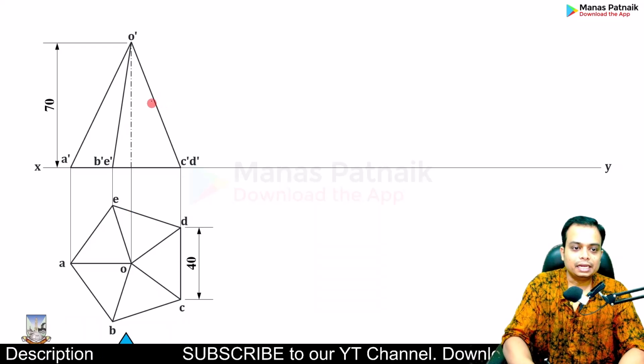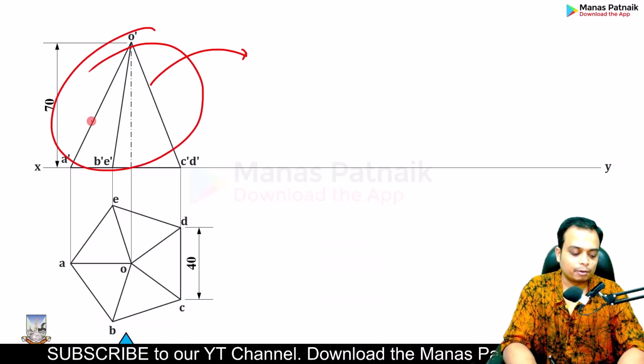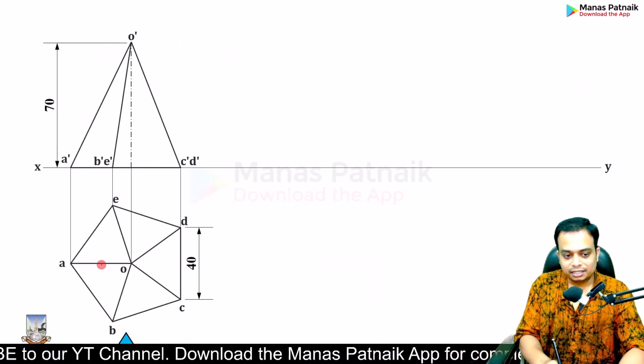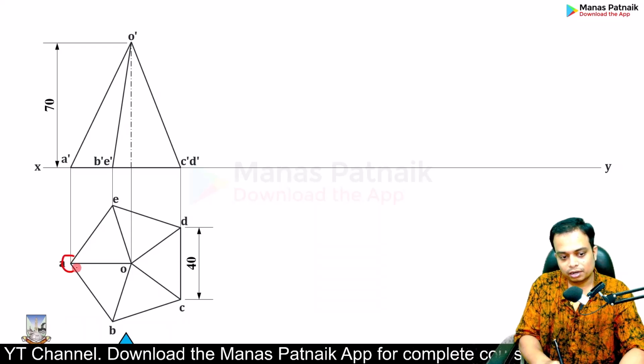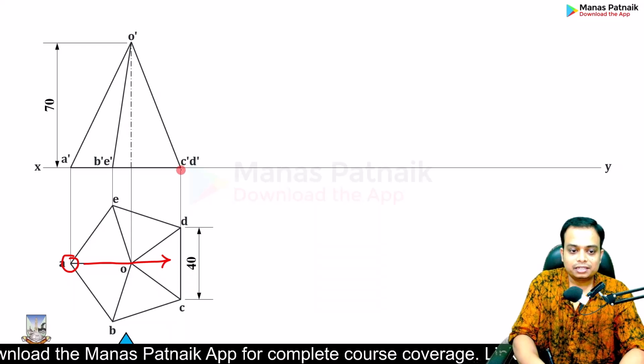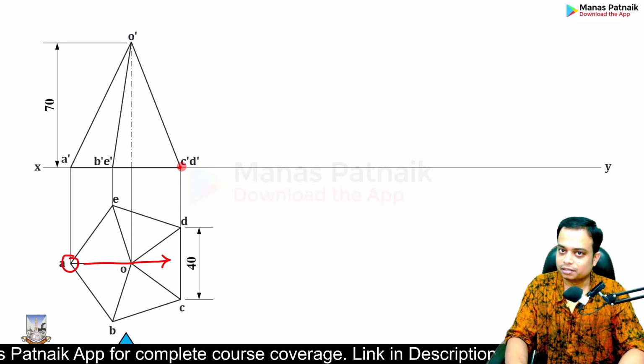Done. In step number 2, we are going to recreate this entire step number 1, but there is a certain condition. That certain condition is that this opposite edge, okay, so this is the corner and this is the opposite edge, CD. This CD will now be at a certain height, that is 45 millimeters, right?